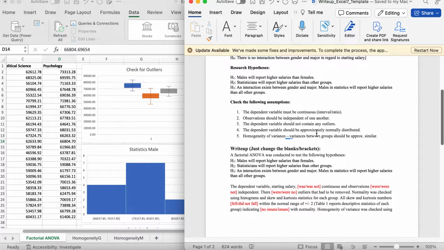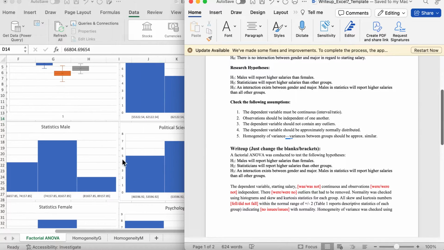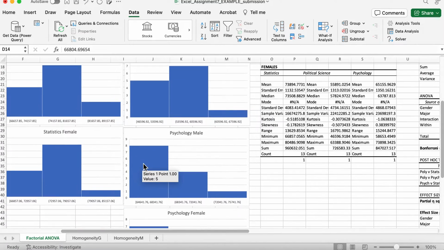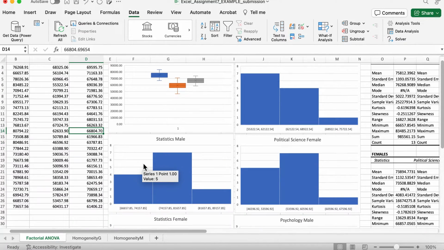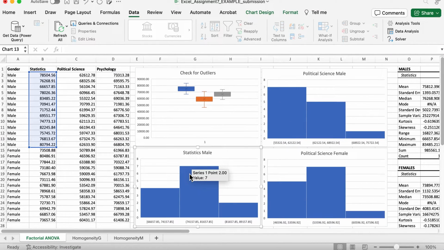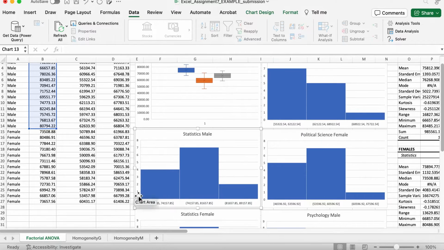Now we're to the normal distribution, and I've already created these distributions. You've been doing that. You will need to do one for each of the 6 groups. Don't worry about these numbers down here right now. This is just, if I gave you this, could you understand kind of what it's saying?